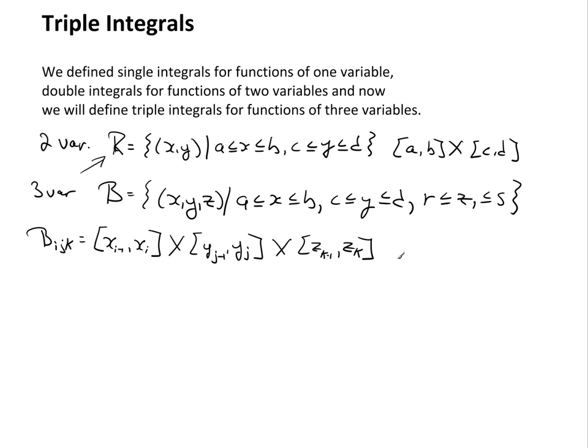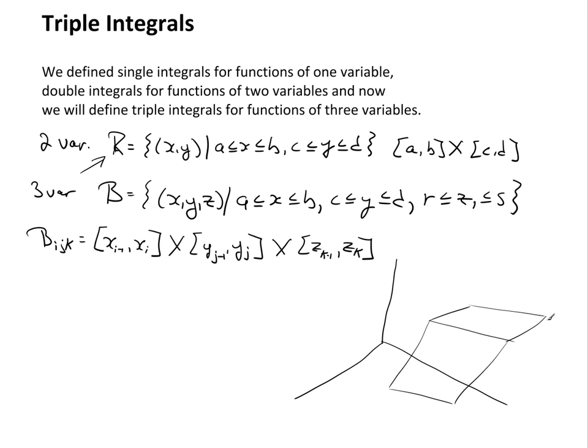So let's see if I can draw something here. I'm going to have this box region maybe look something like this, with the axes x, y, and z. And then we're going to break this up into these little boxes.